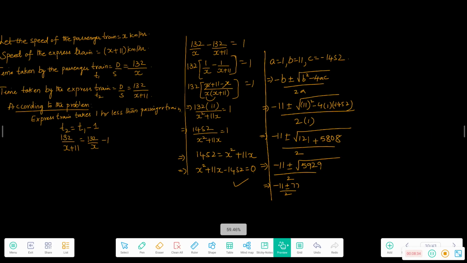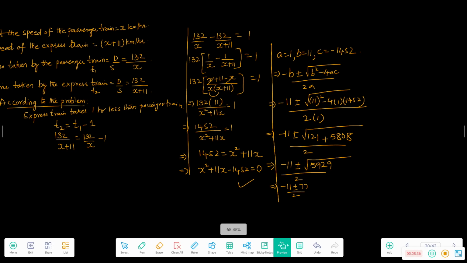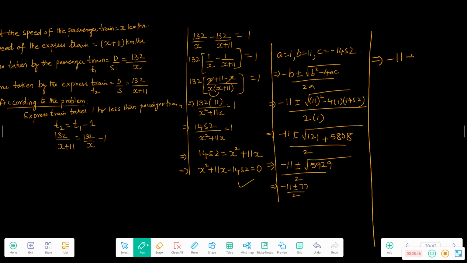So therefore the roots are minus 11 plus 77 by 2 or minus 11 minus 77 by 2. So 77 minus 11 gives you 66 by 2, and the other value is minus 88 by 2.